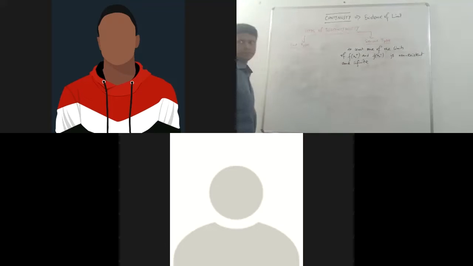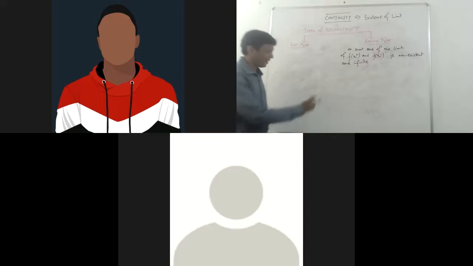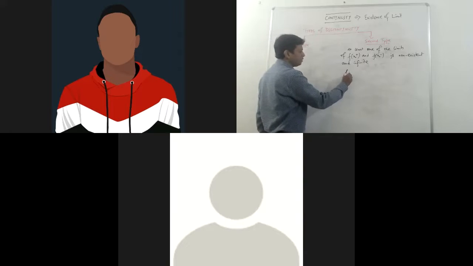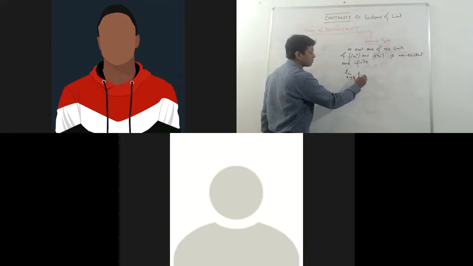Then it will be tan x. The limit doesn't exist. You have given a good example, tan x, limit x tends to pi by 2.